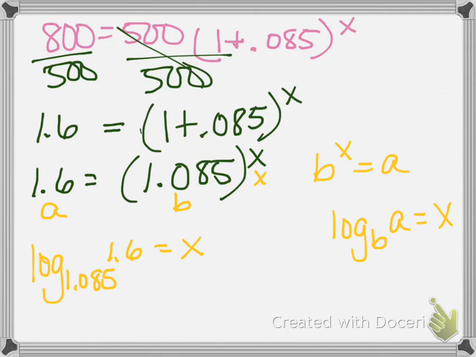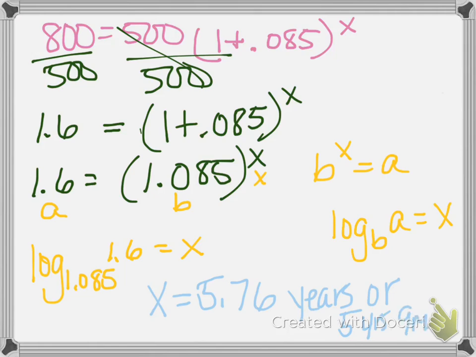And then I plug that into our lovely calculator and end up with the fact that x is equal to 5.76, which means it takes about 5.76 years, or if you want to calculate it, 5 years, 9 months for my initial deposit of $500 to equal $800 at that 8.5% interest rate.